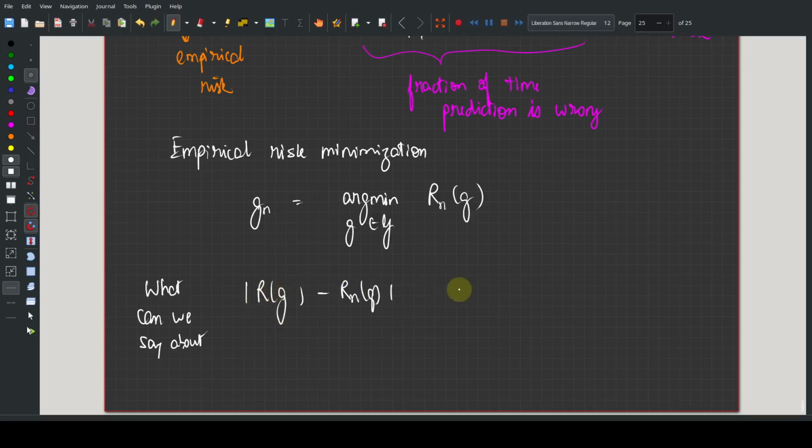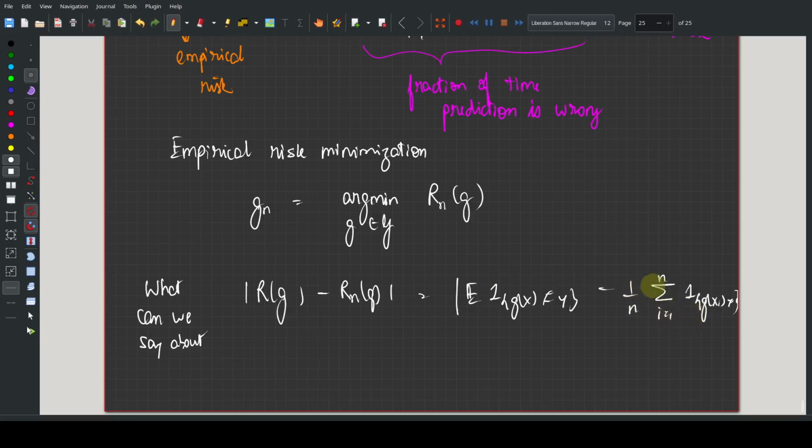So again, recall that this is equal to the expected value of the risk. So this is the expected value of indicator G of x not equal to y, minus 1 over n summation i equal to 1 to n indicator G of xi not equal to yi. Right? So sure, it's maybe upper bounded by 1, but then can I derive a probability bound for this?